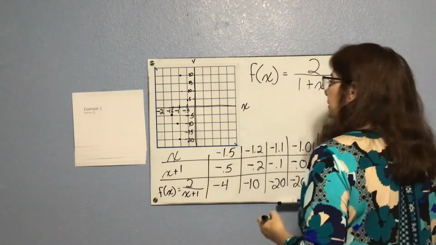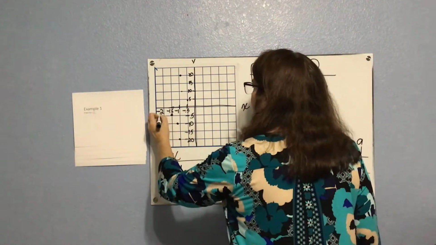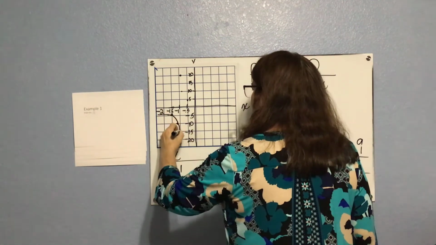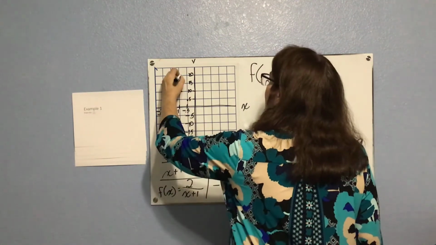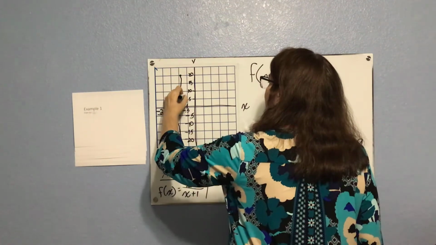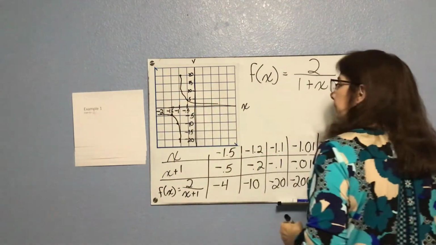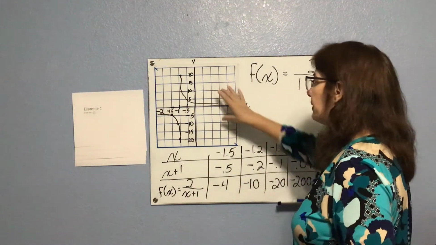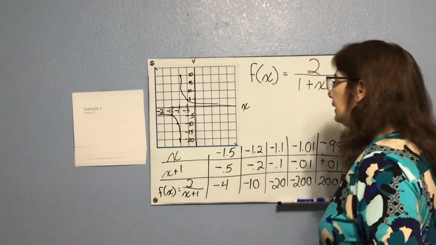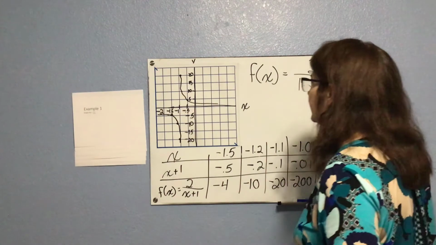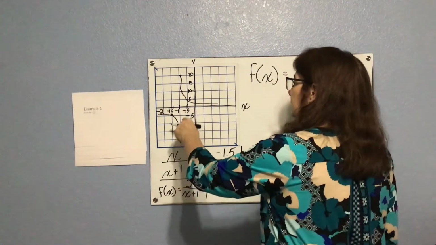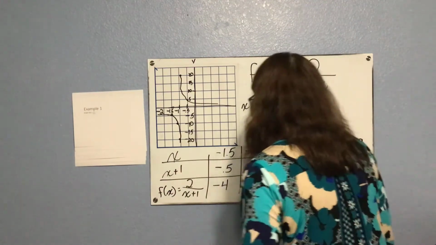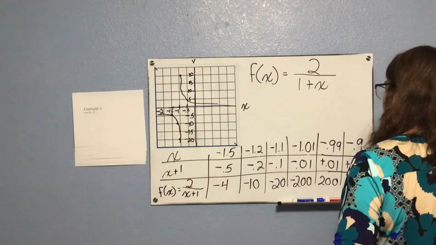This is not a lot to go on, but I know that the general shape of a rational function looks like this. And up here it would come down and curve this way. So this is the general shape of my function. And you might have noticed that this curve comes over here and gets very close to negative 1, but never actually gets there.